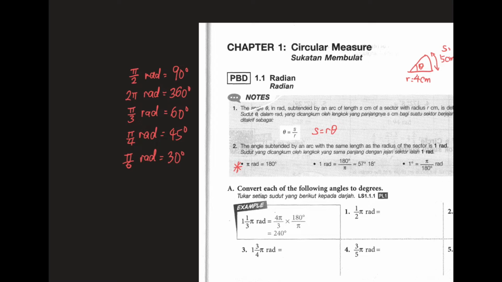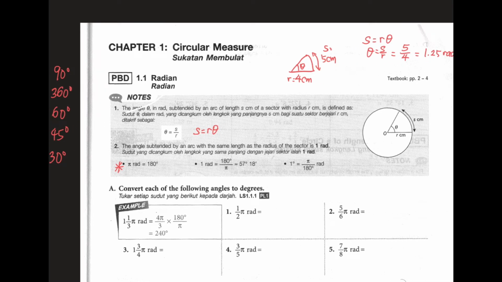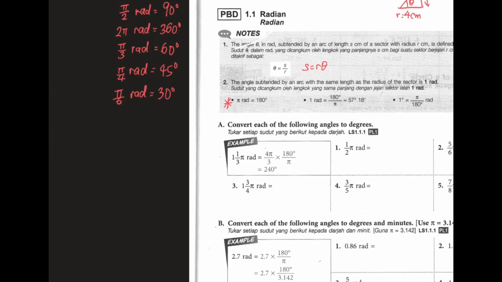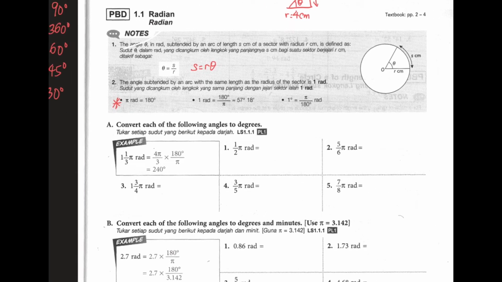Okay. Now let's talk about the formula to convert. Okay, it's not given here. You see our first exercise. Convert each of the following angle to degree. They give us angle in radians. So you have to convert it to degree.